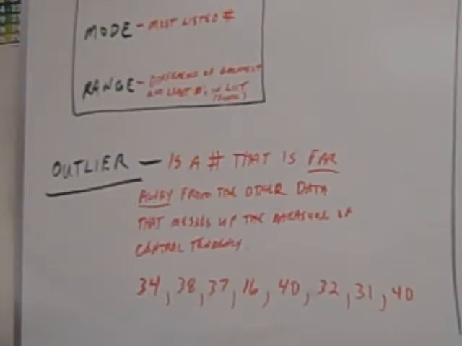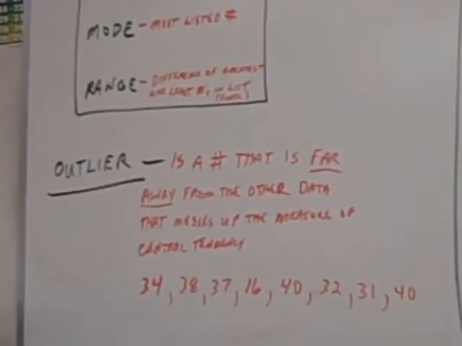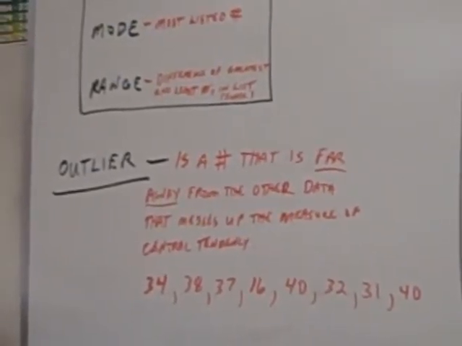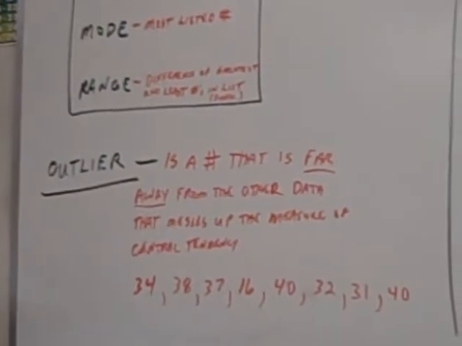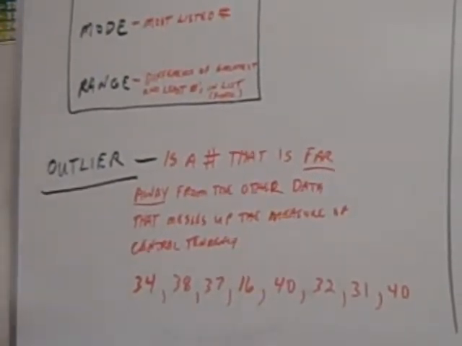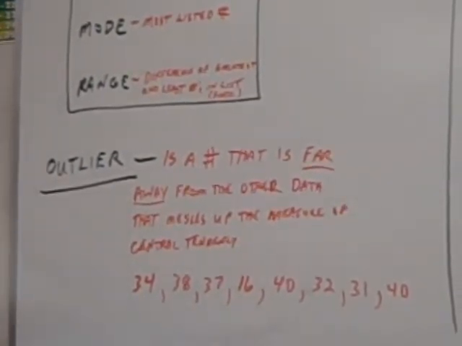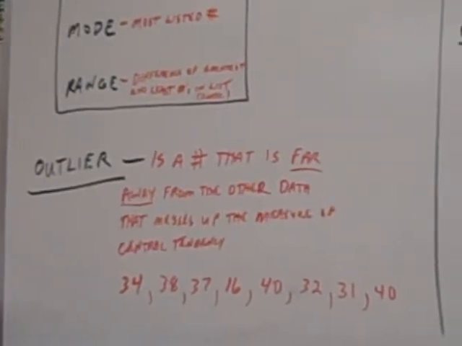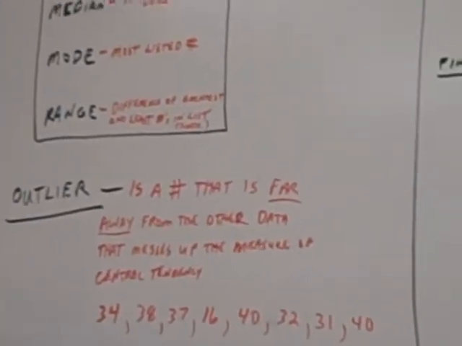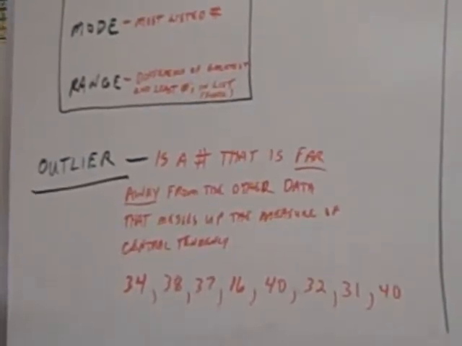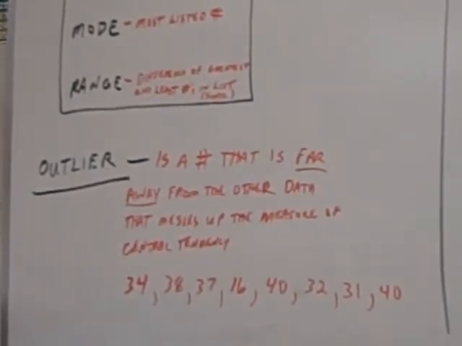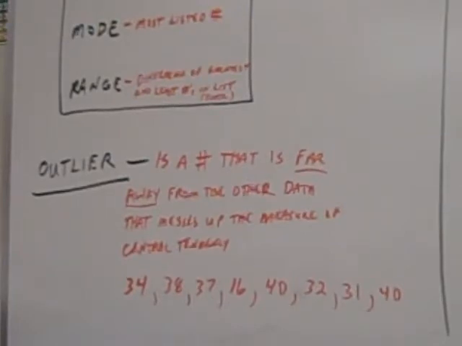It's called the outlier, meaning outside the group. An outlier is a number that's far away from the other data, and it messes up our measure of central tendency. It's still part of the data, but you have to keep in consideration that the outlier throws it off a little bit.